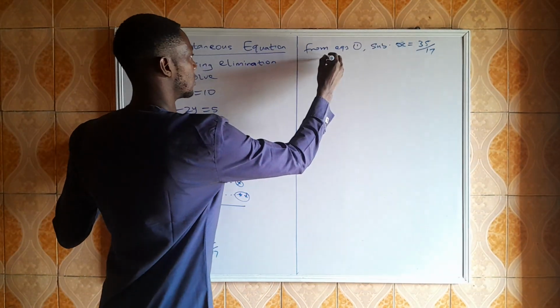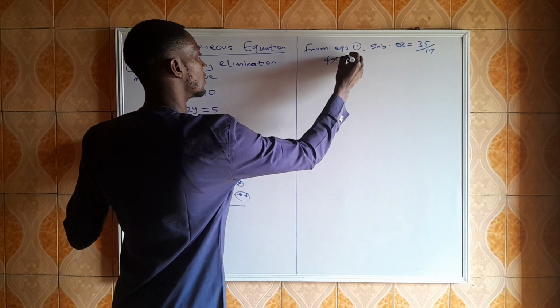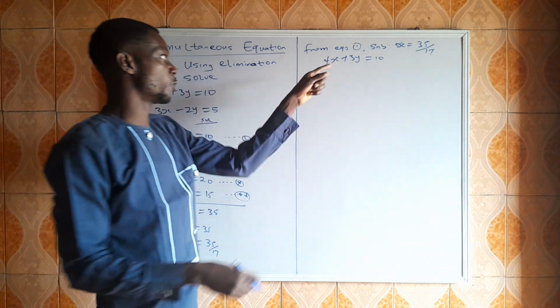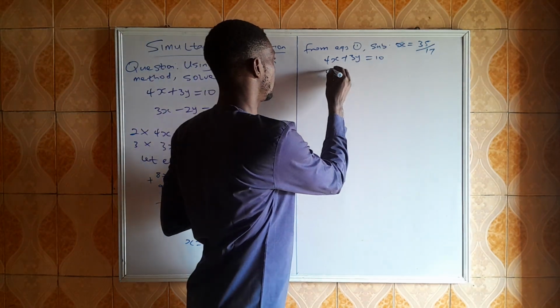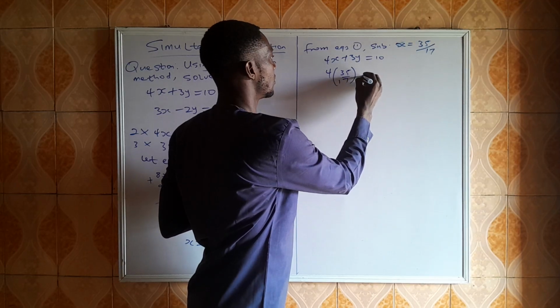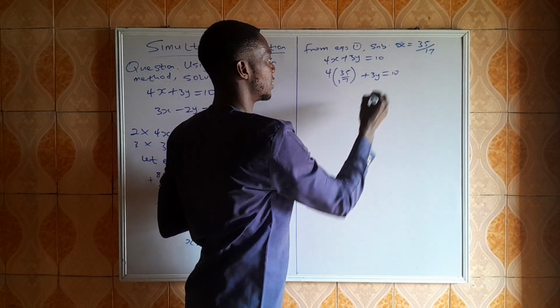Equation 1 is 4s plus 3y equals 10. So when you substitute the value of s here, you have 4 times 35 divided by 17 plus 3y equals 10.